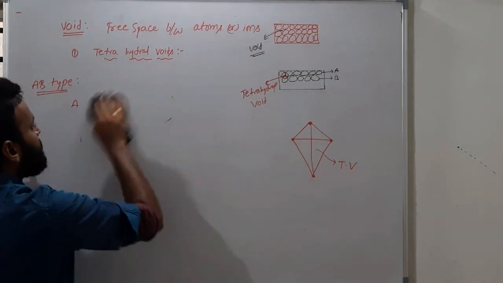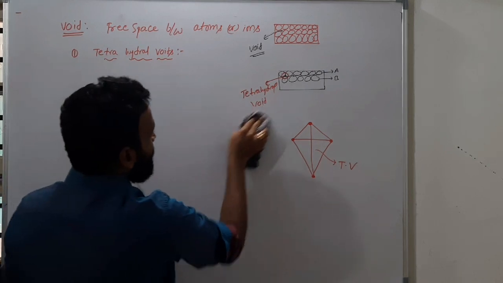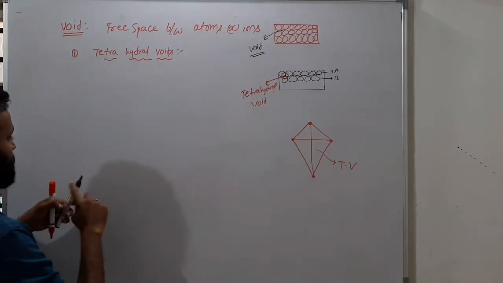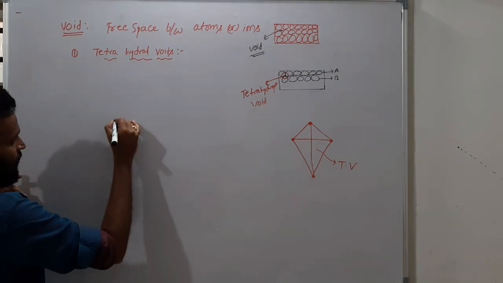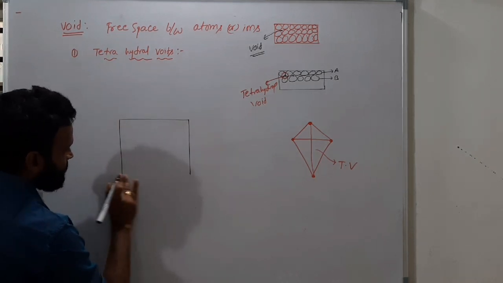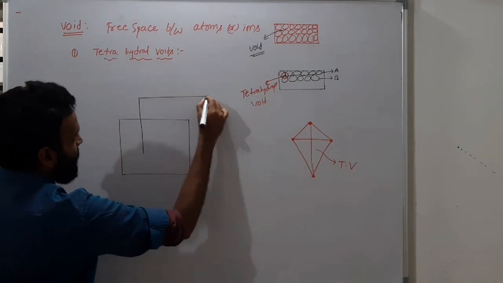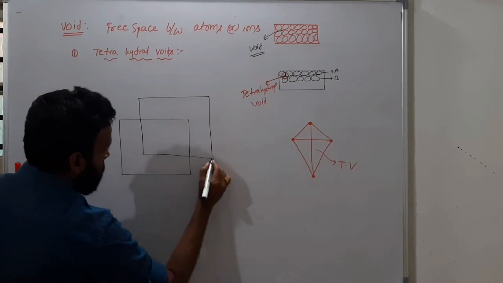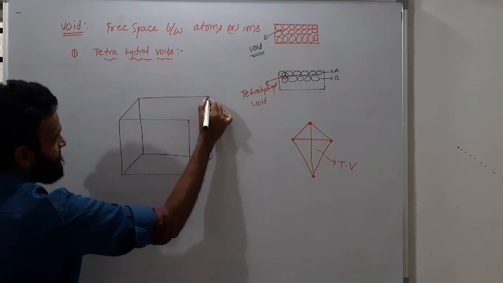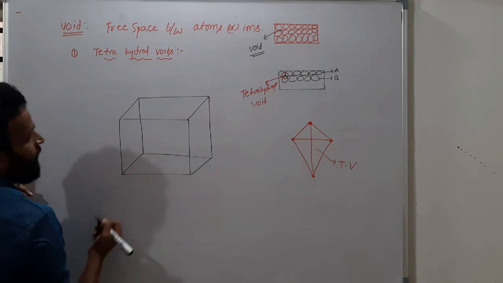Okay, now let's see how this tetrahedral void is forming in a particular FCC, face-centered cubic. So in face-centered cubic I'll draw now. So please you also draw along with me. I drew it in the previous one. The same manner you have to draw. So like this. Right? Okay.